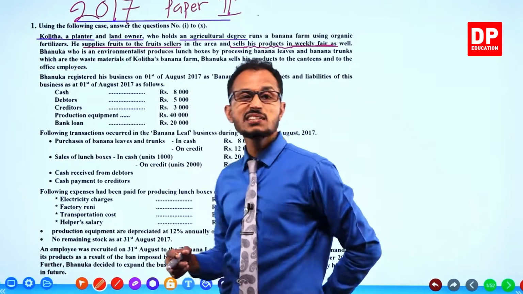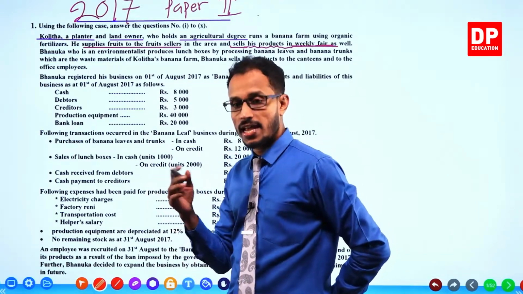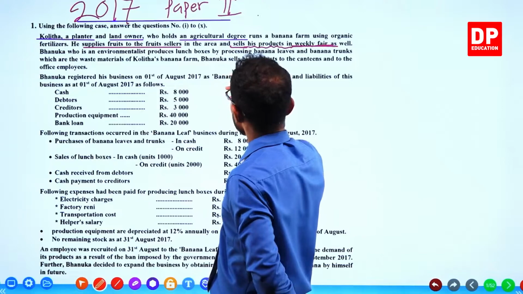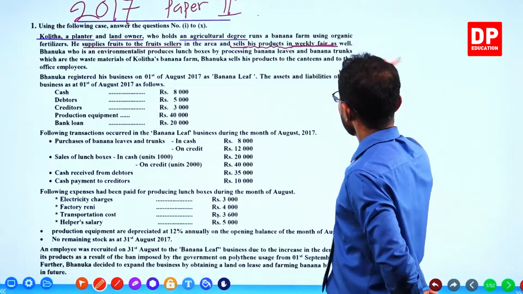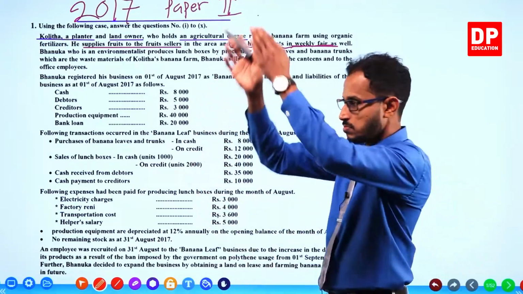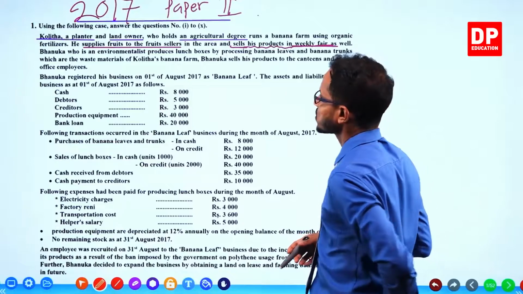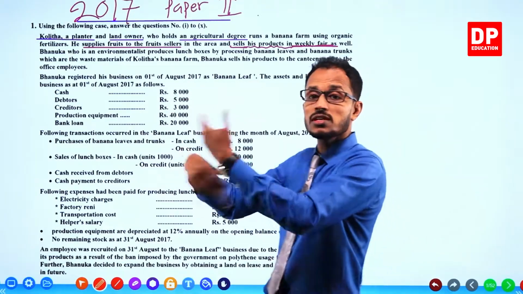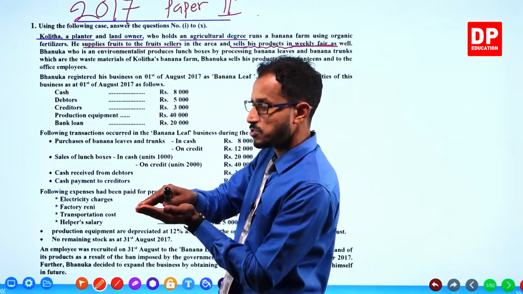Bhanuka is processing banana leaves, kehel kolaya, and banana trunks, kehel khanda. He is processing those raw materials and producing lunch boxes.